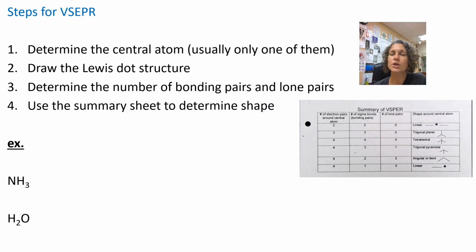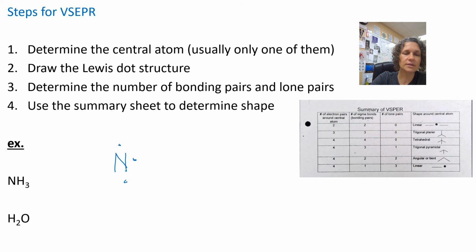Okay, so when you are determining the shape, you determine the central atom, usually one of them, you draw the Lewis dot structure, you determine the number of bonding pairs and lone pairs, and then you use that summary sheet to determine the shape. So if we go back and do NH3, we've got N, and we'll put it in the middle.